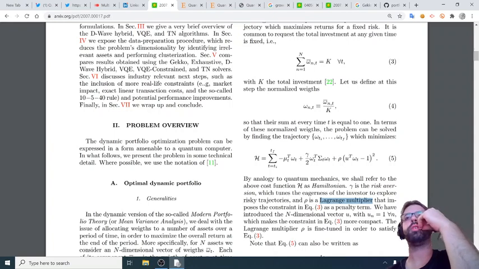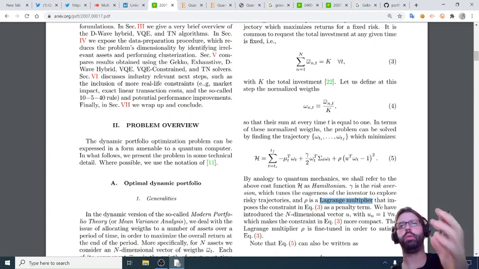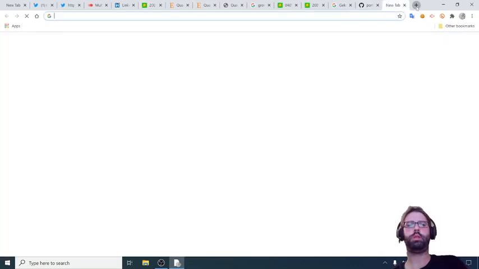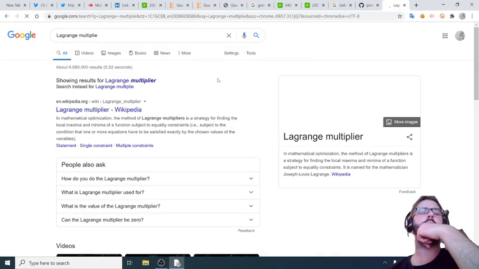So what are the quadratic terms? They are the ones with the couplers. In the QUBO, the off-diagonal are those. So what is this, first of all? What is a Lagrange multiplier?